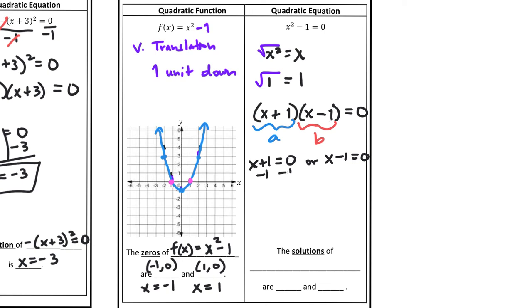So x equals -1, and x equals +1. So the solutions of the equation x squared minus 1 equals 0 are x equals -1 and x equals 1.